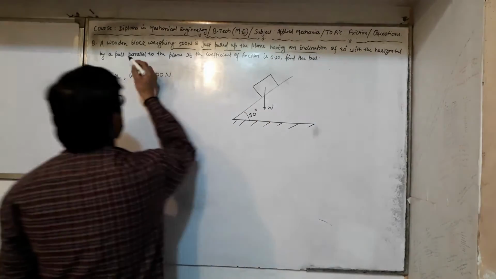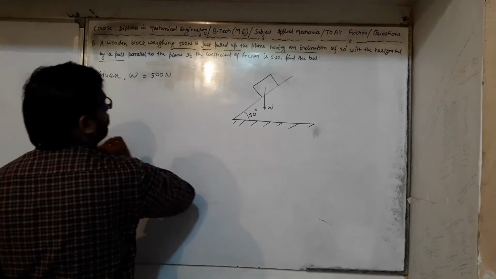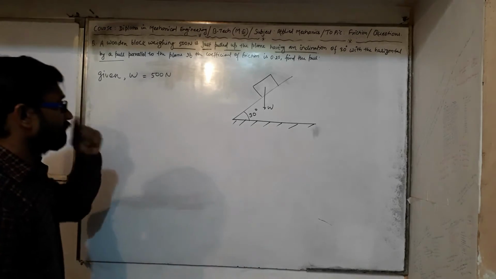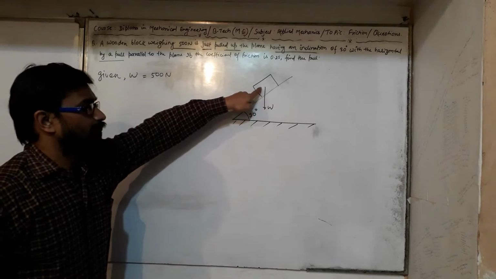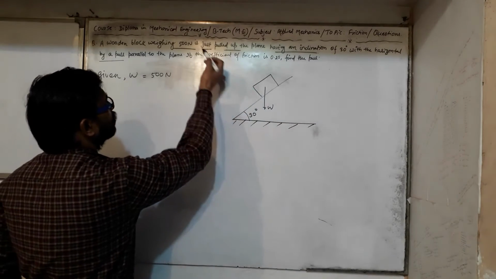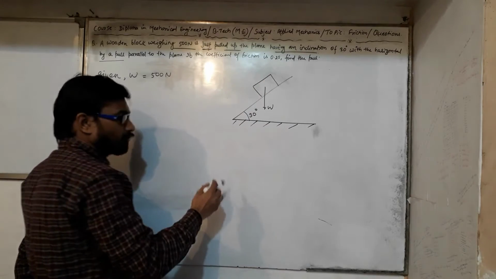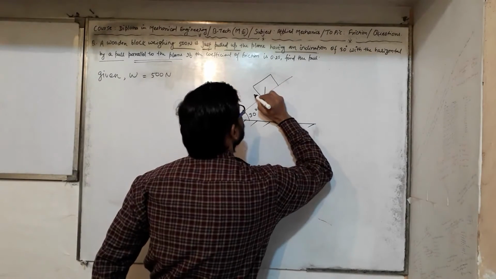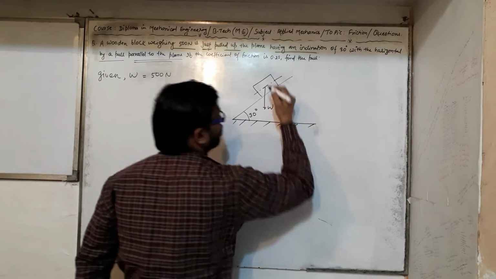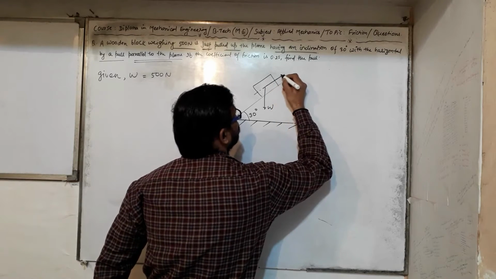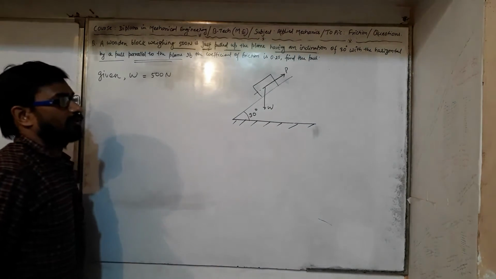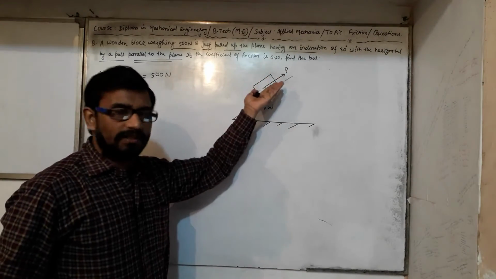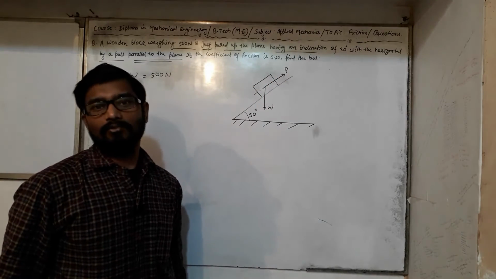Now, by a pull, the force is acting on the block so that the block could just be pulled up, parallel to the inclined plane. So the line of action is parallel to the plane, a pulling type of force. Let P be the force acting along the plane, parallel to it, so that the body could just move up.